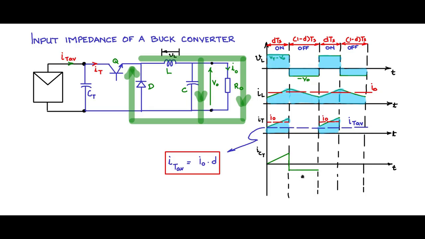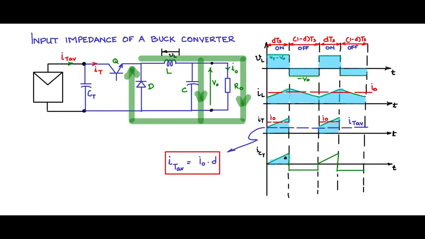And during the 1 minus d Ts period, IT average is continuing to flow out of the panel, but as Q is off, it is going entirely to charge up the capacitance CT. So it is flowing into CT. Of course, this area should balance out this area. And it repeats likewise.